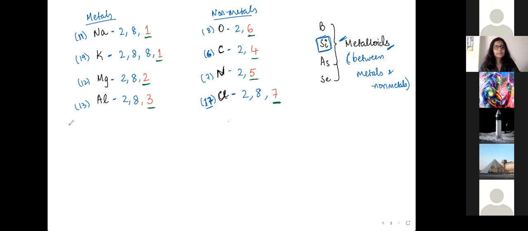So what can you say about metalloids? Metals have more than 10 electrons. Non-metals also. Chlorine has 17. What is the atomic number of sulfur, Puneet? Any of you remember sulfur's atomic number?